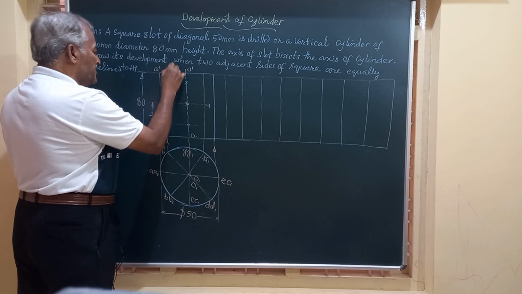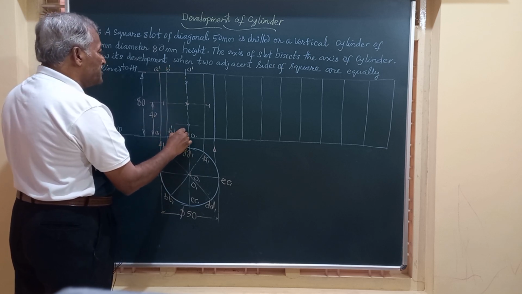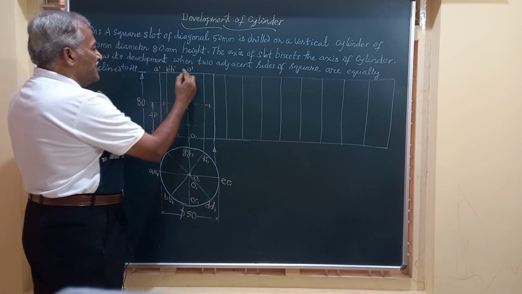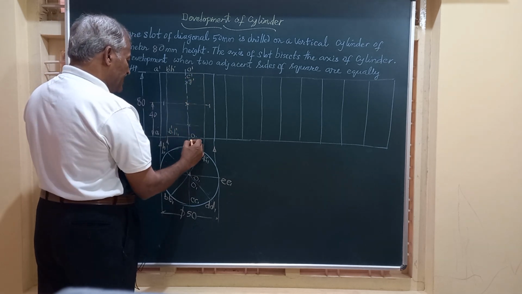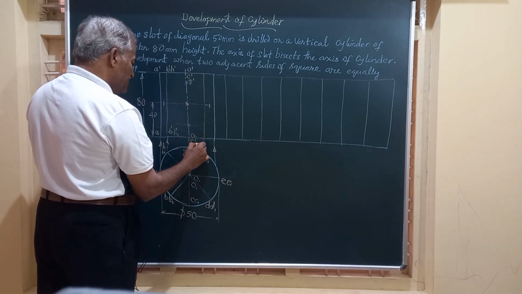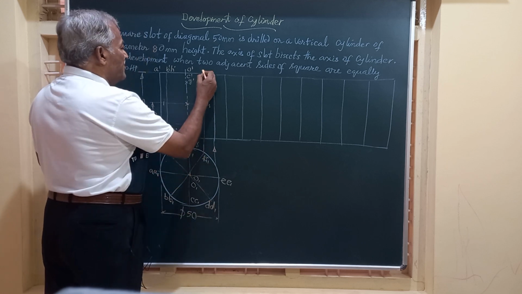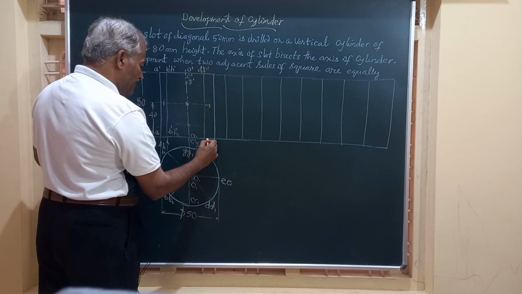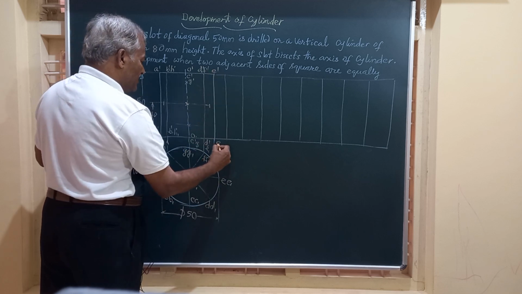This is B dash, B1 dash, H1 dash, H dash. B and H are together. Then you have C dash, G dash, C1 dash, G1 dash. This is D and F: D dash, F dash, D1 dash, F1 dash. And finally, this is E dash, E1 dash.